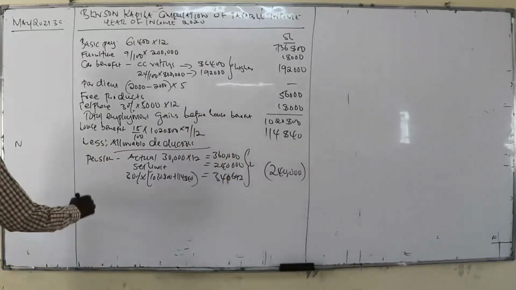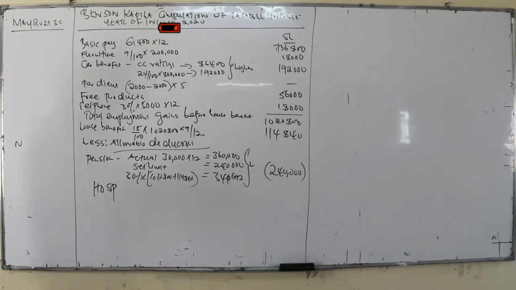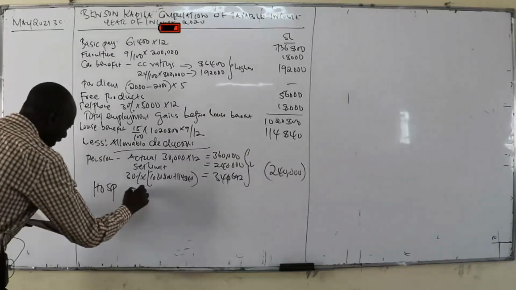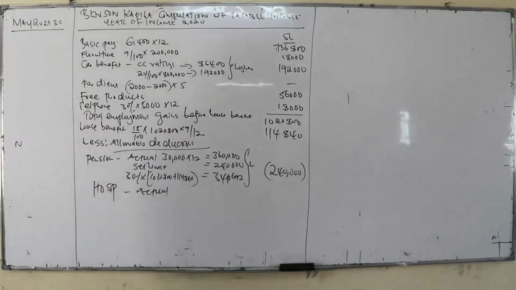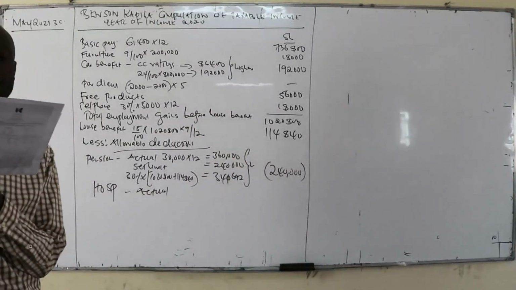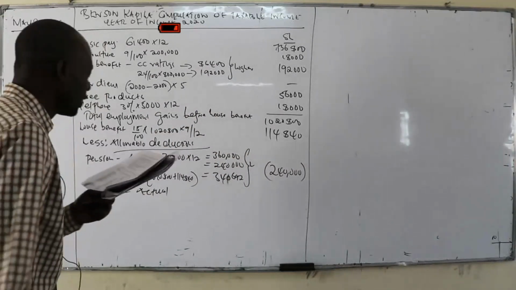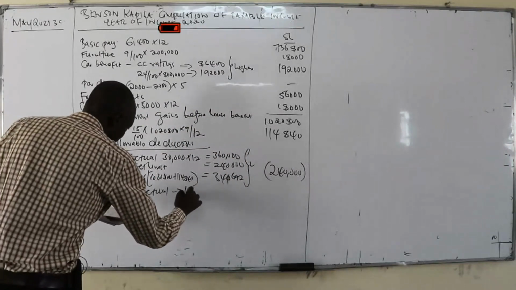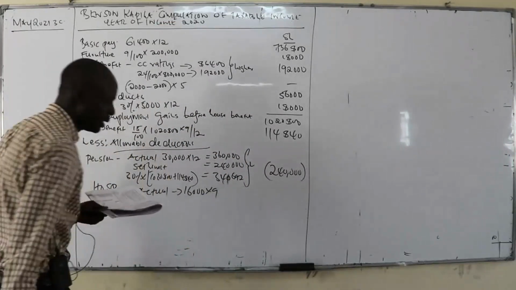Number 2, we have the home ownership saving plan. You can just write HOSP, no problem. There is the actual amount he was contributing. He's a member of the home ownership saving plan where he contributed 16,000 per month up to 30th September. So that is contribution for how many months? 9 months.